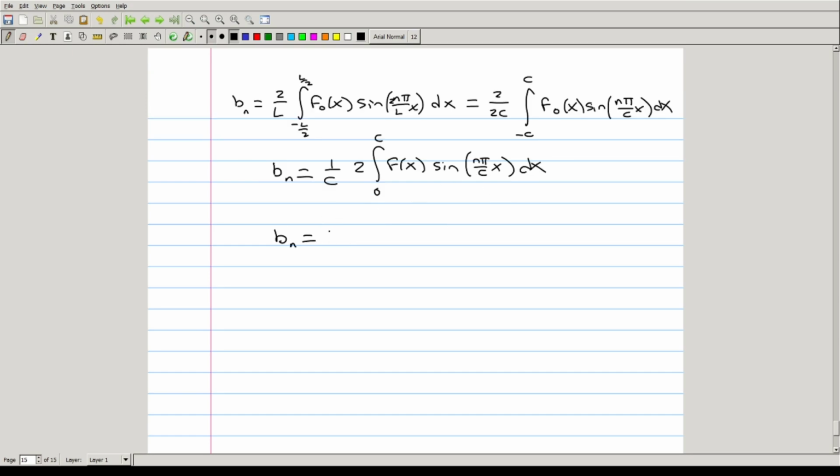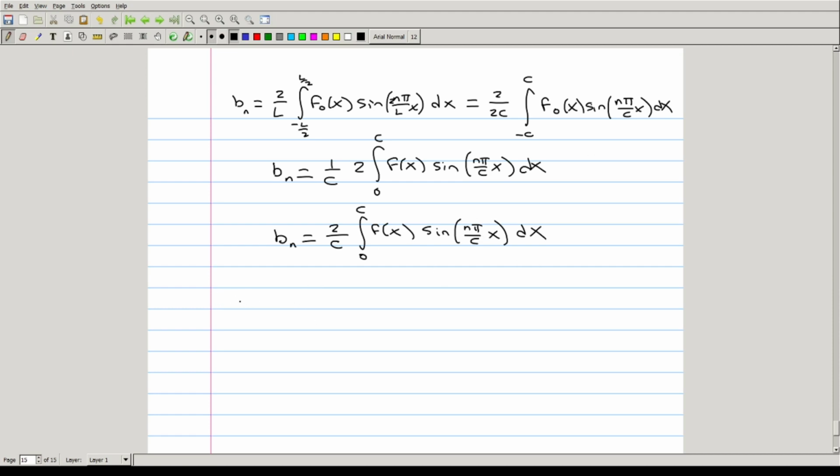So the Bn terms in the Fourier sine extension, the Fourier sine series for f of x, are given by two over c times the integral from 0 to c of the function f of x times sine of n pi over c times x dx.